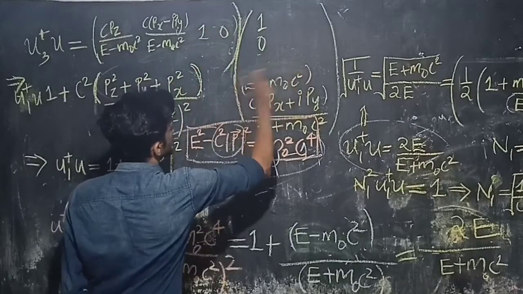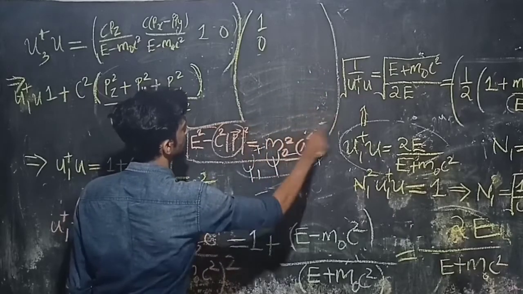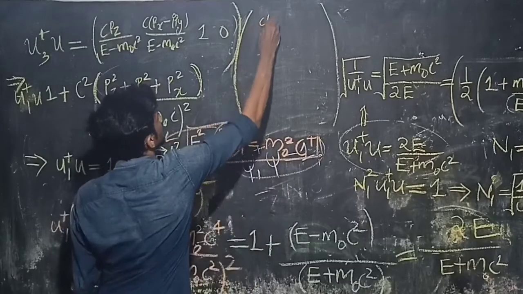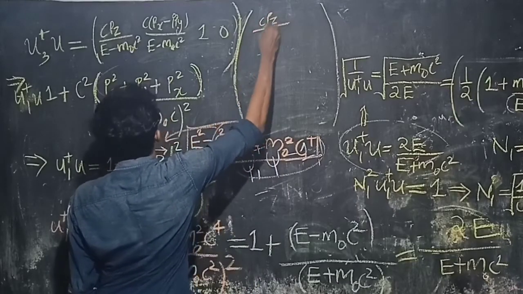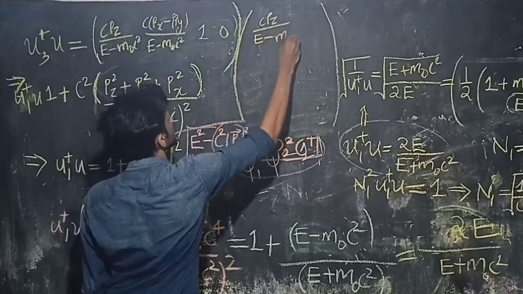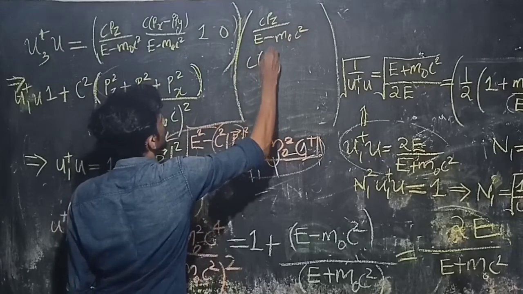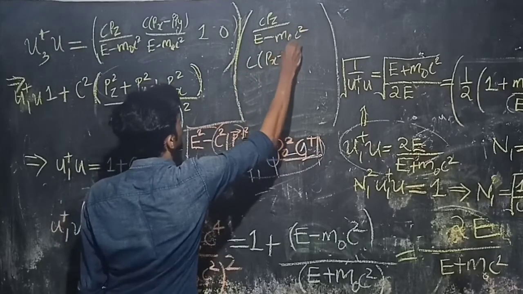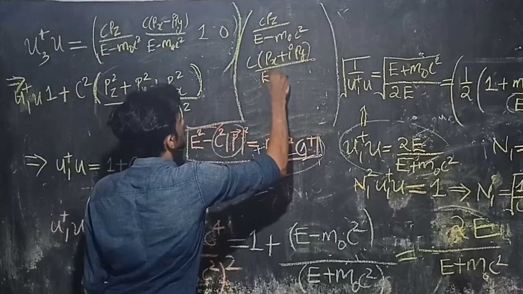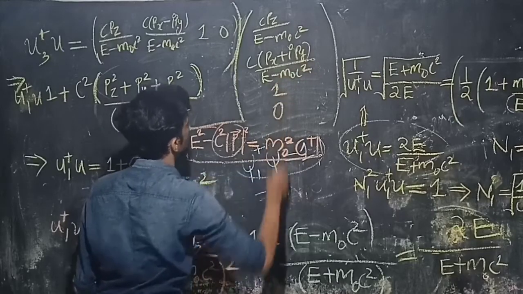Here, the u3 diagonal: Cpz over E minus m naught c square. Second element is C times px plus ipy over E minus m naught c square, 1 0.